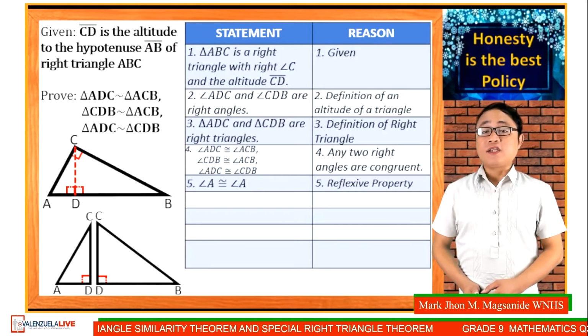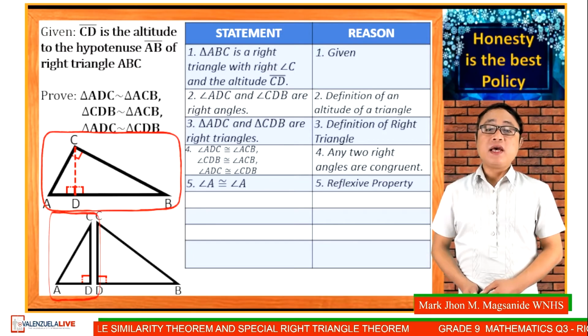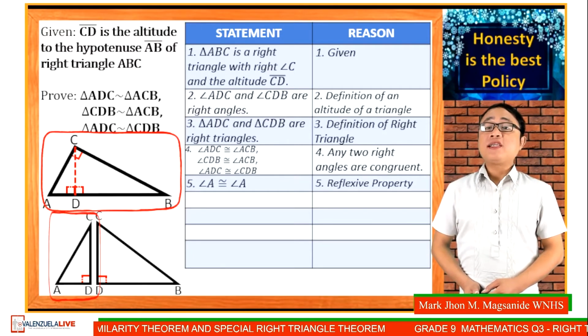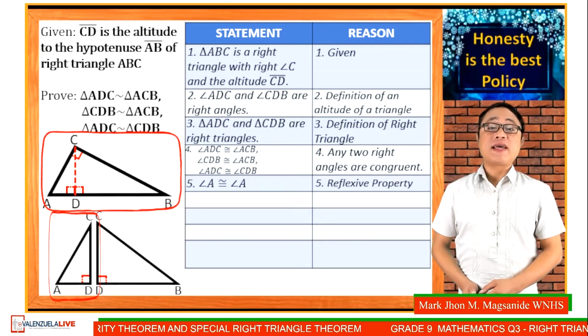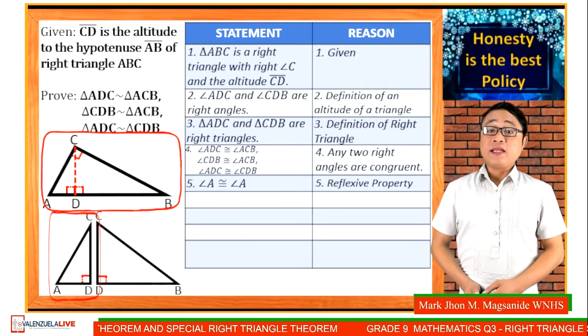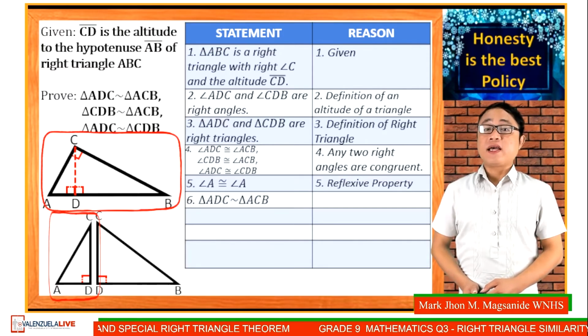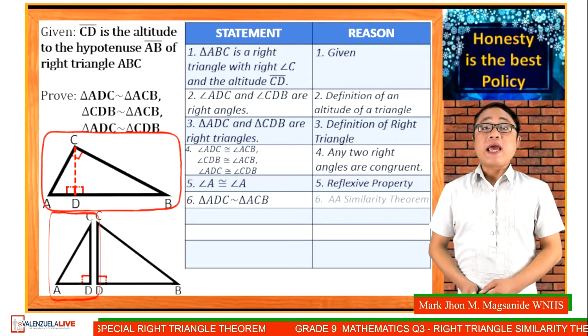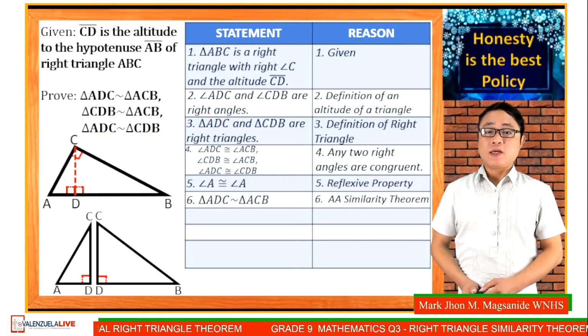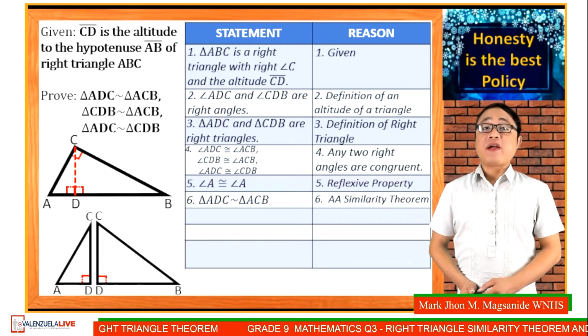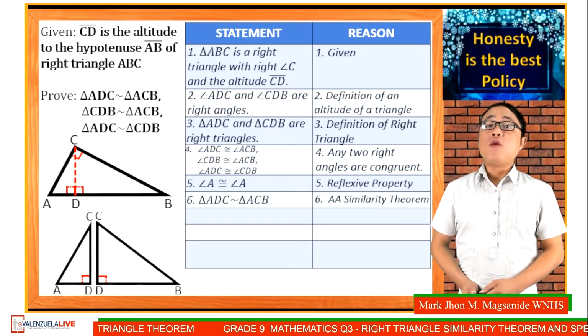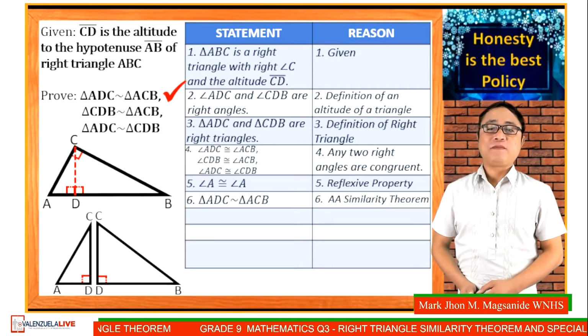Two angles of triangle ACB are congruent to corresponding two angles of triangle ADC. Hence, triangle ADC is similar to triangle ACB by AA similarity theorem. The first pair of triangles was proved similar.